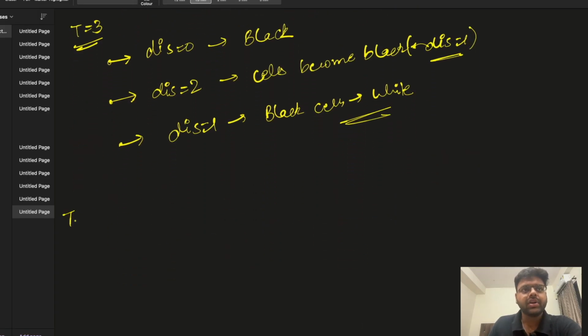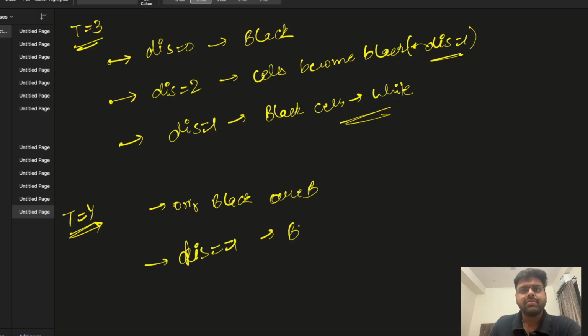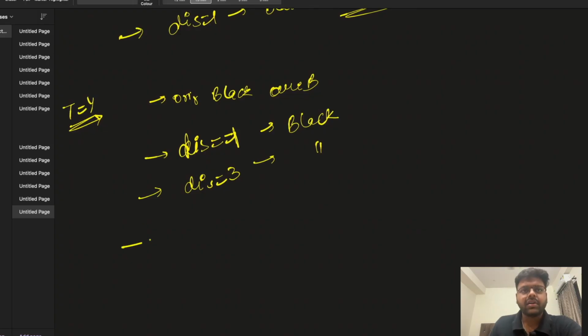And if we talk about t equal to 4, original black cells are black, distance equal to 1 becomes black, right? Distance equal to 3 also becomes black, but distance of 0 and distance of 2 becomes white, right?